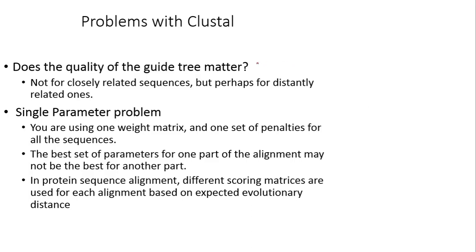So the answer to this question is that usually, if you choose to align closely related sequences, it would definitely cluster them quite well. So you don't have to worry about the quality of the guide tree if you select sequences that are very closely related to each other.